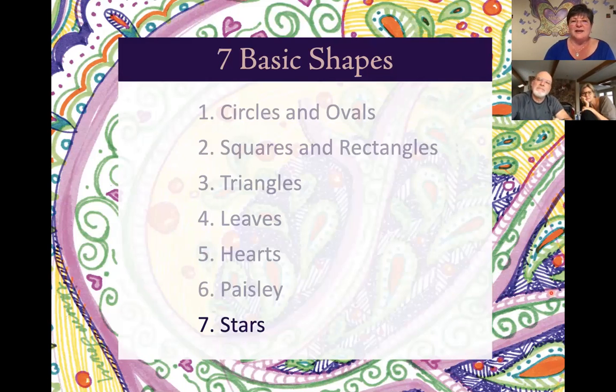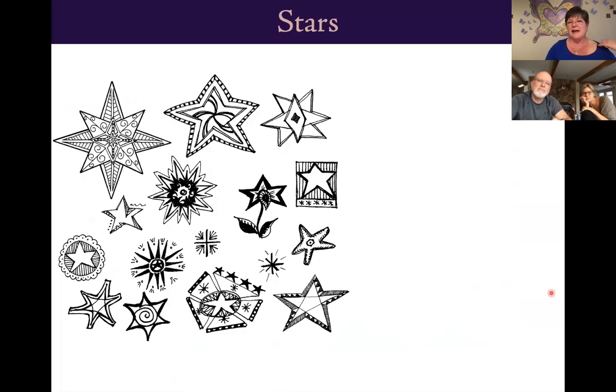I find that I don't use stars a lot, but they are really handy to use sometimes. And there's lots of different ways you can do stars. You can do the star where you make the triangular shape and then the cross shape. I'm not explaining that very well, but you can kind of see what I'm doing with the pointer there.